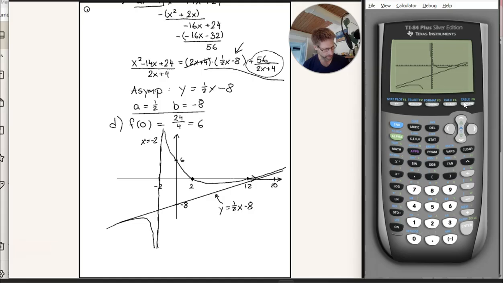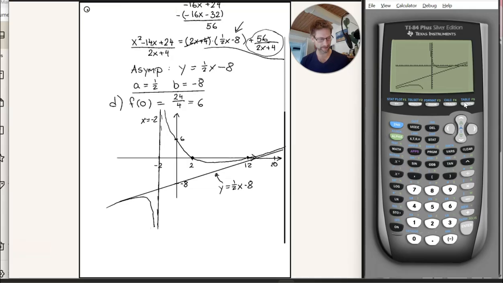Let's make this one a full line as well. Well, that was really pathetic. Let's do it. That's almost vertical. So yeah, that is the graph in part D.